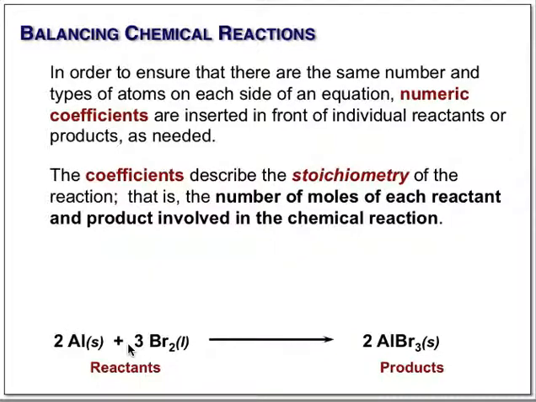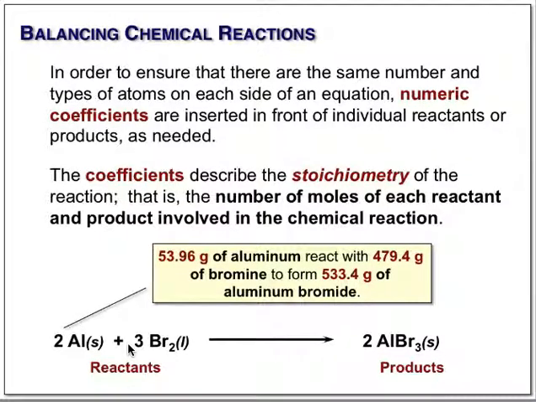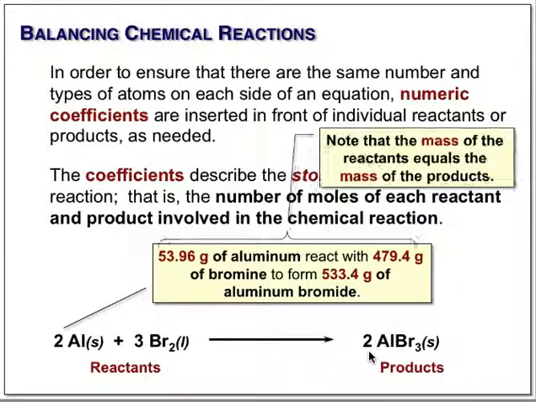You'll note that we could also describe moles in terms of mass. 2 moles of aluminum is the same as 53.96 grams of aluminum. The same thing with bromine, and 533 grams of aluminum bromide is the same as 2 moles. The mass of reactants must also equal the mass of the products.